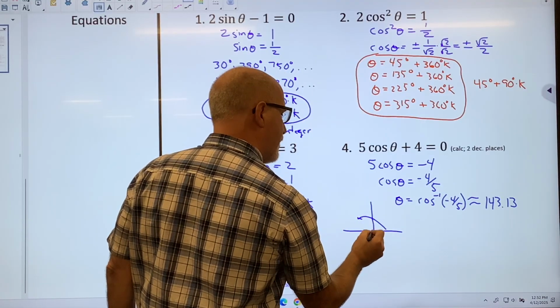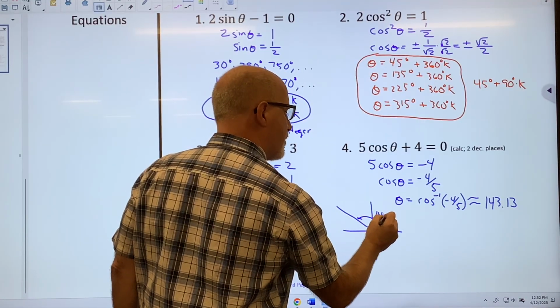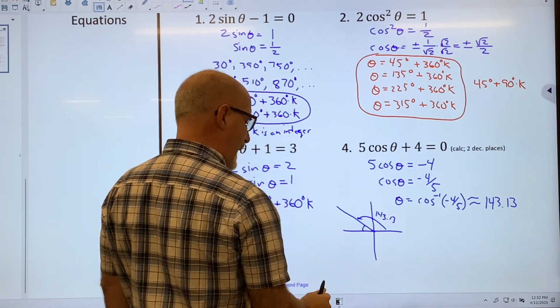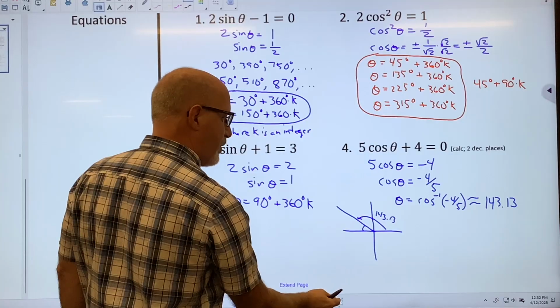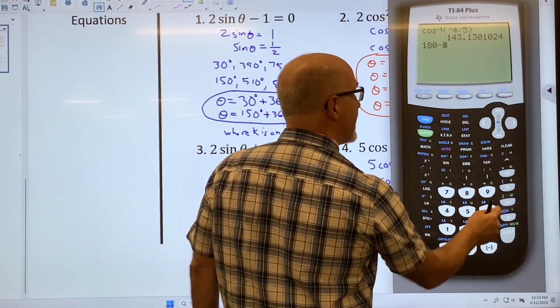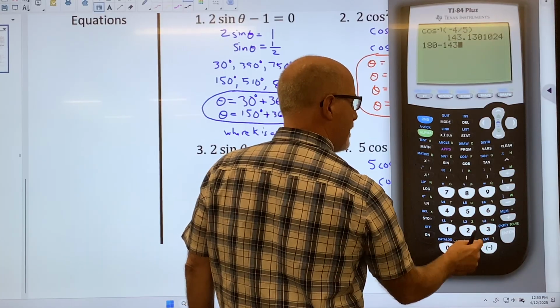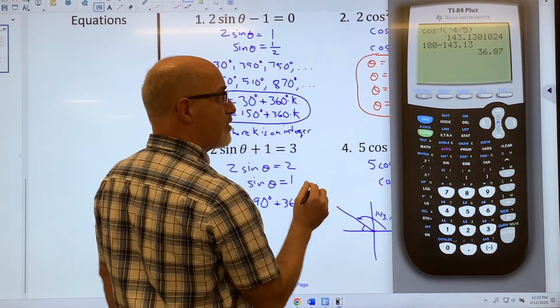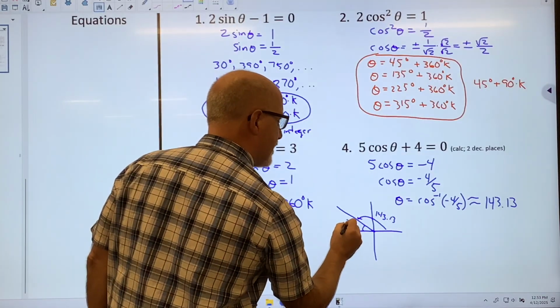This is 143 degrees, 0.13. This angle here will be 180 minus 143.13. So let's take 180 minus 143.13, and I get that the reference angle is 36.87.